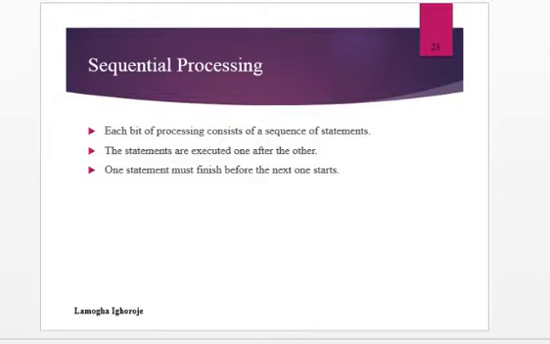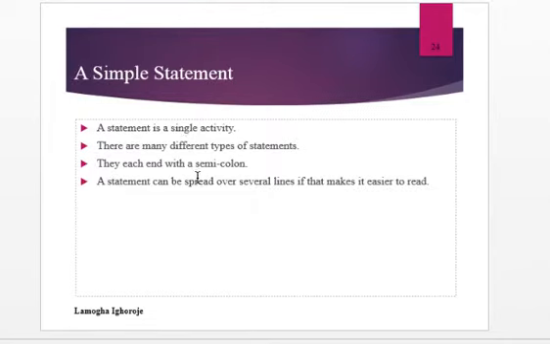In the main, you write the first statement, which could be looking into another object, and that object has a statement to do something first before doing something else. So it's all about finishing one statement before the next one starts. There's always that sequential processing.